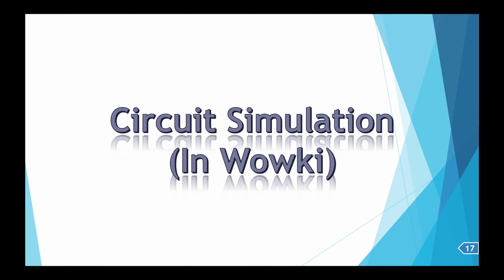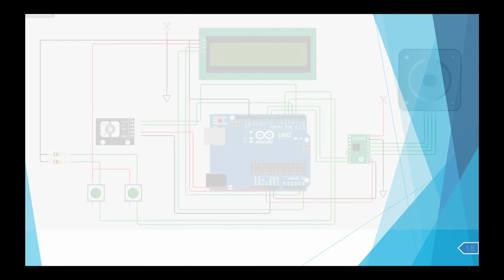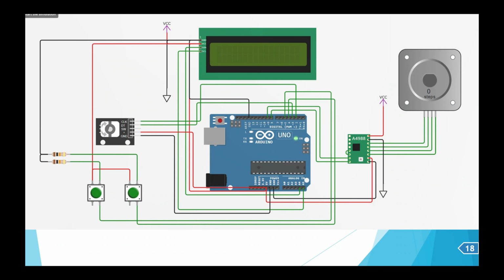Now we have done the simulation on the Wokwi software, so let us see the simulation. See, as soon as turning on the power supply over here, the speed, that is the 50, and the position, that is the 0, is shown over here.